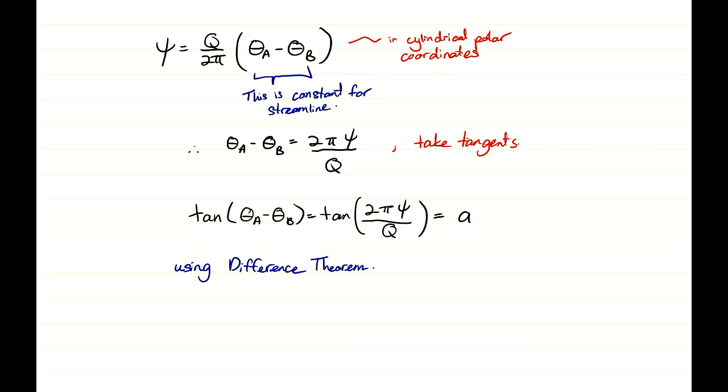Basically, what the difference theorem says is that I can express tangent of theta A minus theta B as tangent theta A minus tangent theta B, divided by 1 plus tangent theta A times tangent theta B. Seriously, if you guys don't know, please look it up, okay?